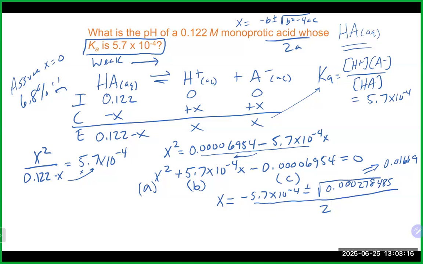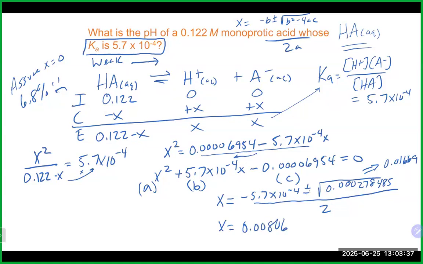If we do our plus first, so take the minus 5.7 times 10 to the minus 4 plus 0.01669, that's going to give us an x value of 0.00806.